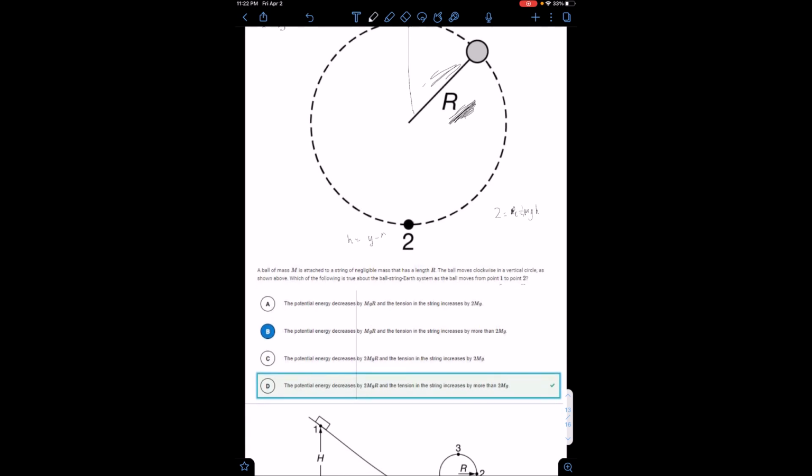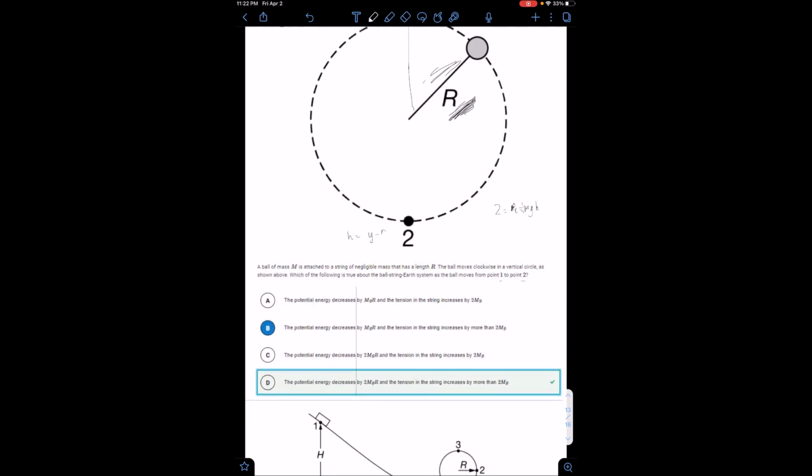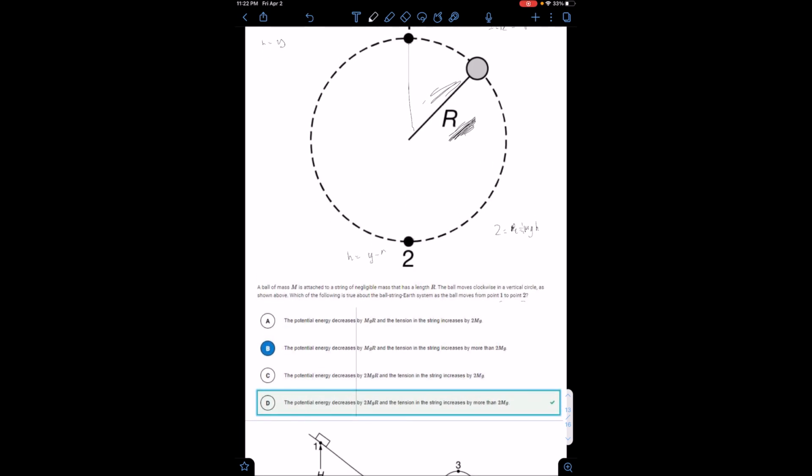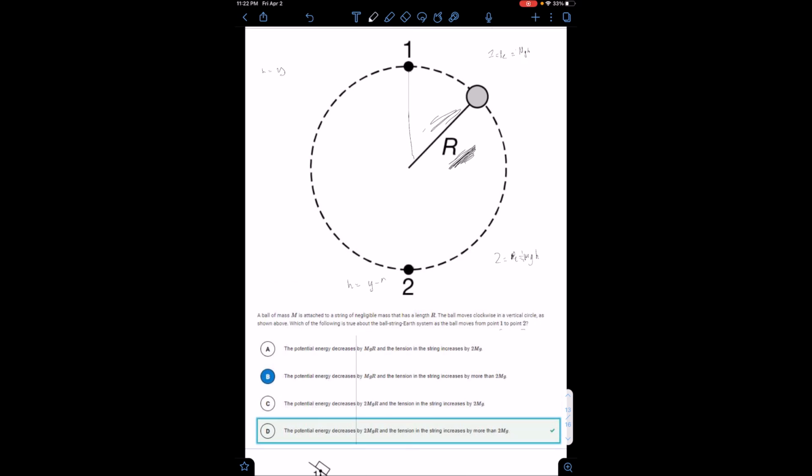So what this means is that our potential energy is decreasing by 2, because we originally have it at r. So if we call this the initial position, and we go down with r once, and then again, we have 2 mgr. So it's really mg times 2 times r.